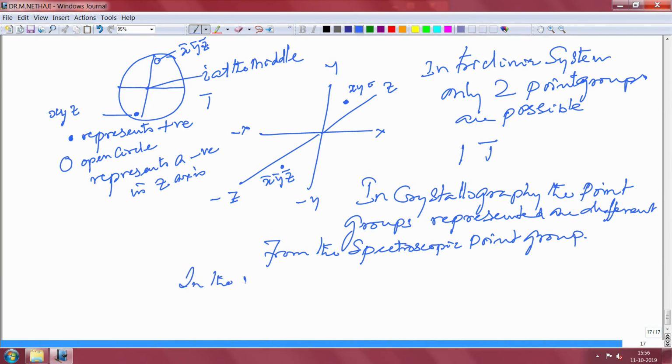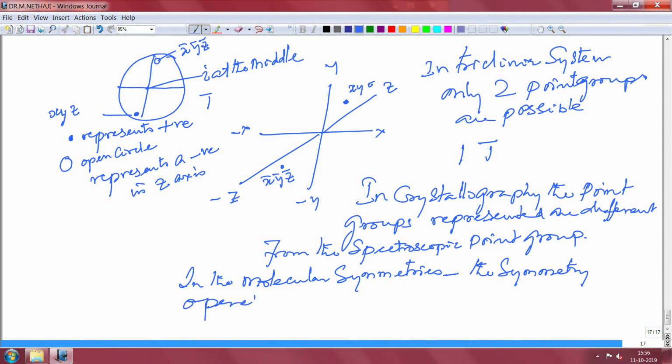In the molecular symmetries, the symmetry operated within the molecule is considered.